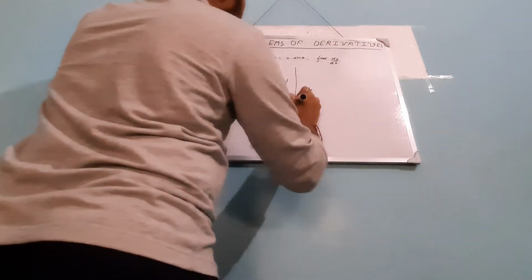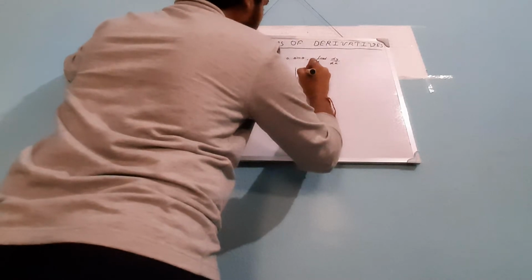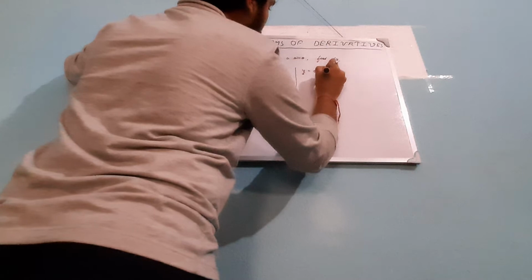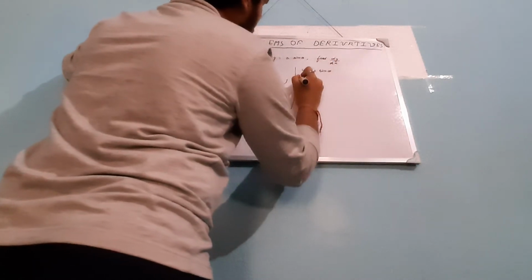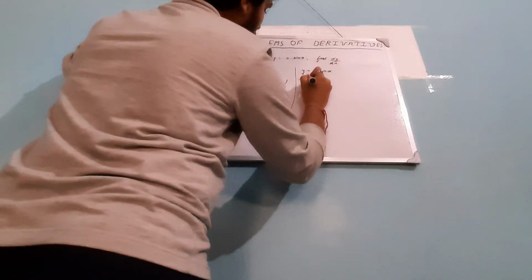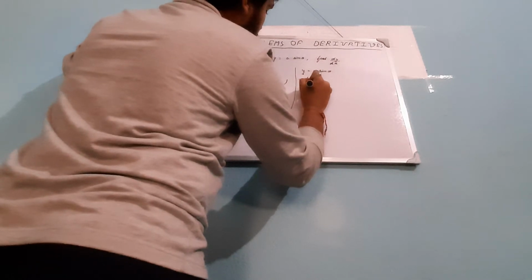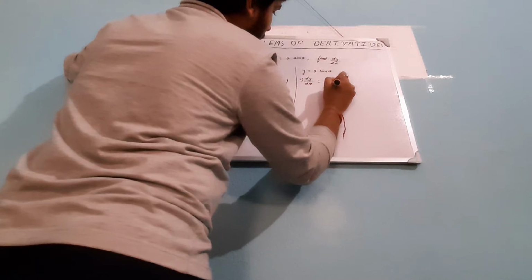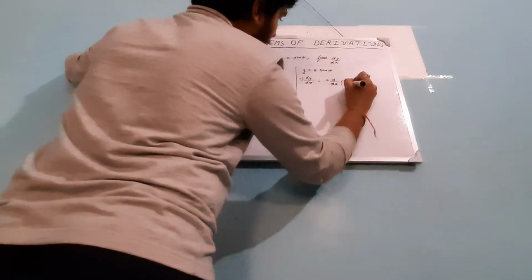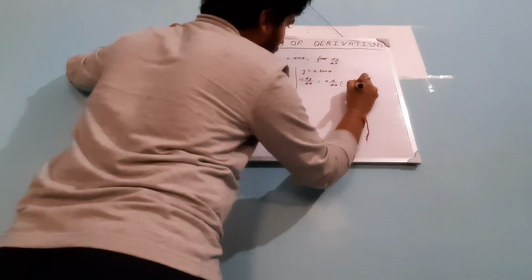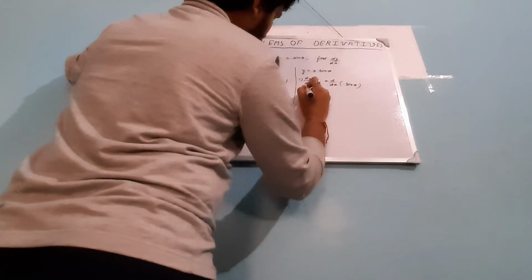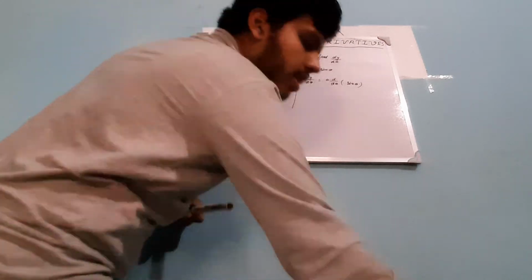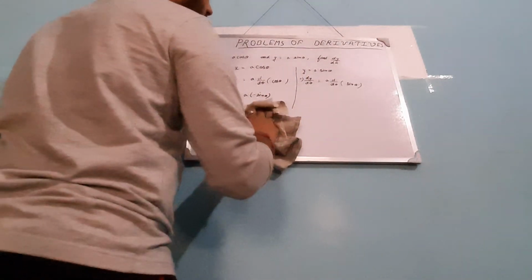Another one is y equals a sin theta. So this is also the same. dy by d theta equals a into d by d theta of sin theta. One thing is a mistake, friends.